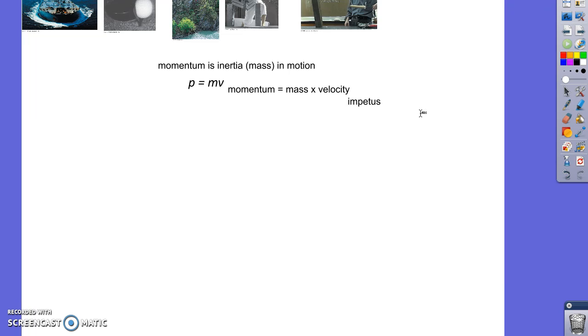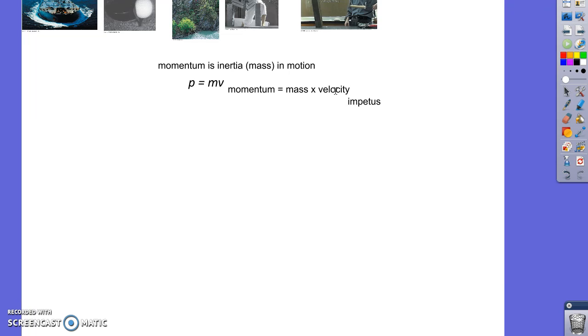Okay, so here we go. Momentum is a vector quantity. If you remember, velocity is a vector quantity. So since velocity is part of momentum, that means it will also be a vector quantity. And remember, once again, vector quantity only means that it has a direction.